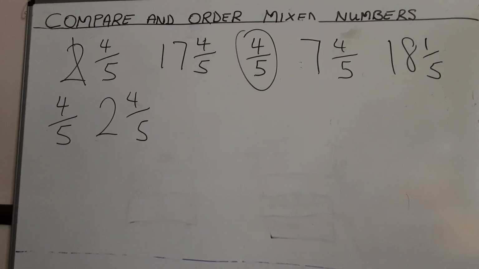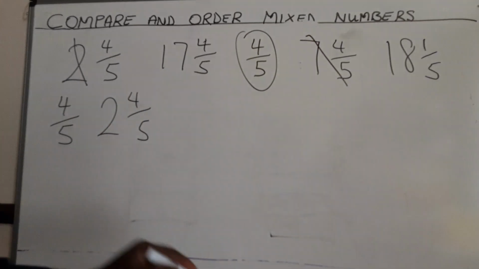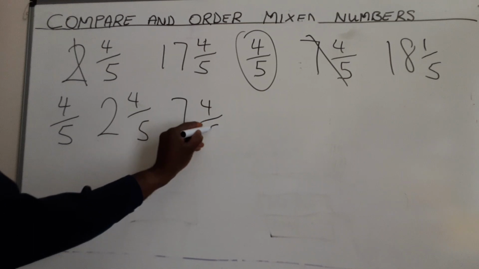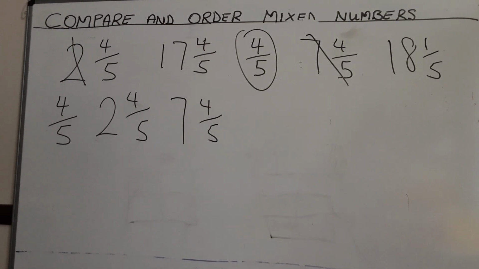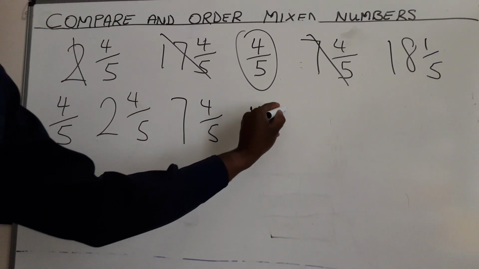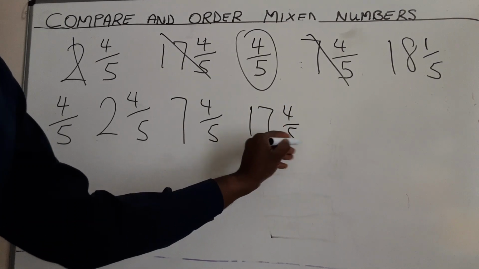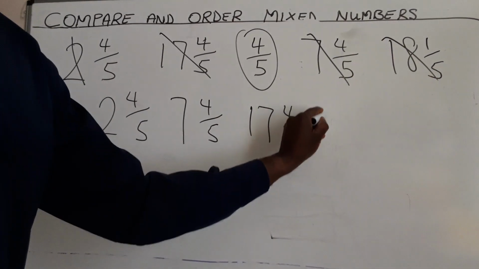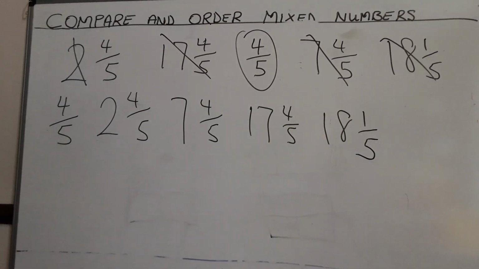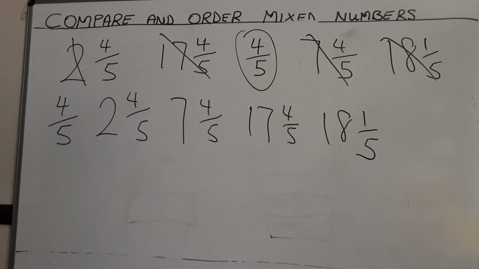Our next one is going to be 7 whole number 4 over 5, the next one in line is 17 whole number 4 over 5, and the last one is going to be 81 and 4 over 5. So this is how we compare and order mixed numbers.